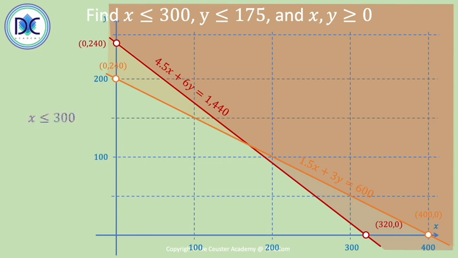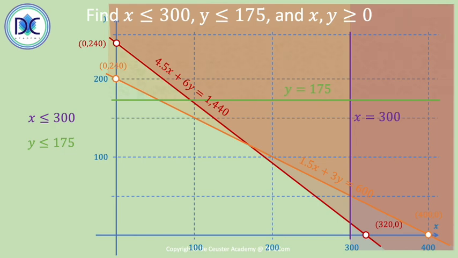So it's a vertical line, x equal to 300, and it's the right-hand side which is not compliant. So the left-hand side is part of the feasible zone for this line. We do the same for y smaller or equal than 175, and again we find the lower part to be within the conditions of this inequality.